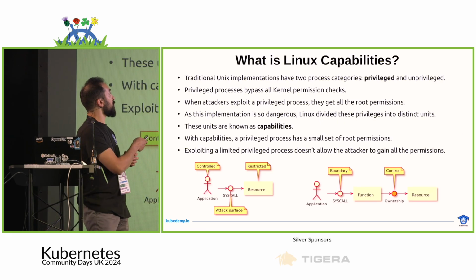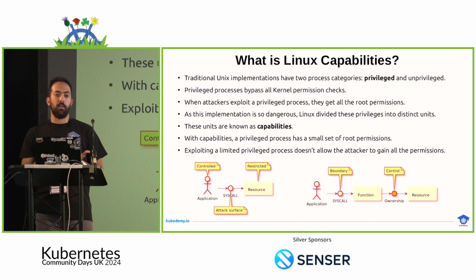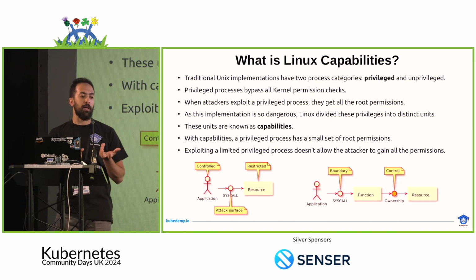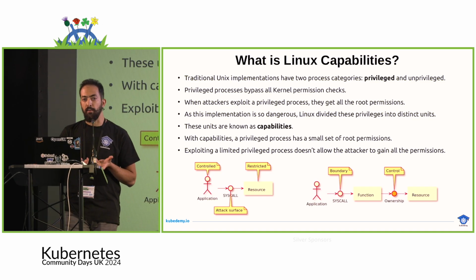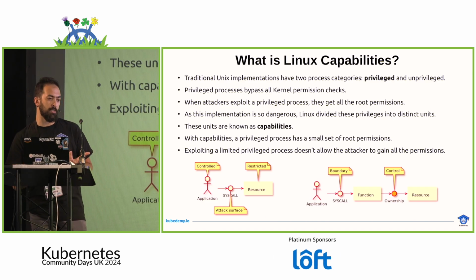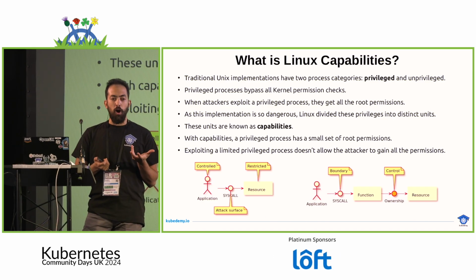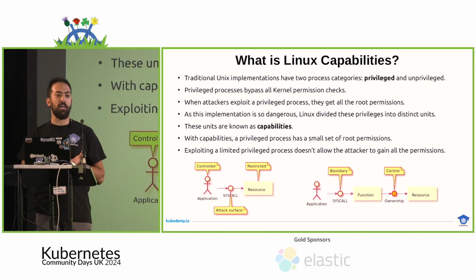What are Linux capabilities? Prior to Linux capabilities, when we ran an application within a Linux environment, we had two types of process: the privileged process and the unprivileged process. The privileged process was a process with all the capabilities. Take the ping command, for example.